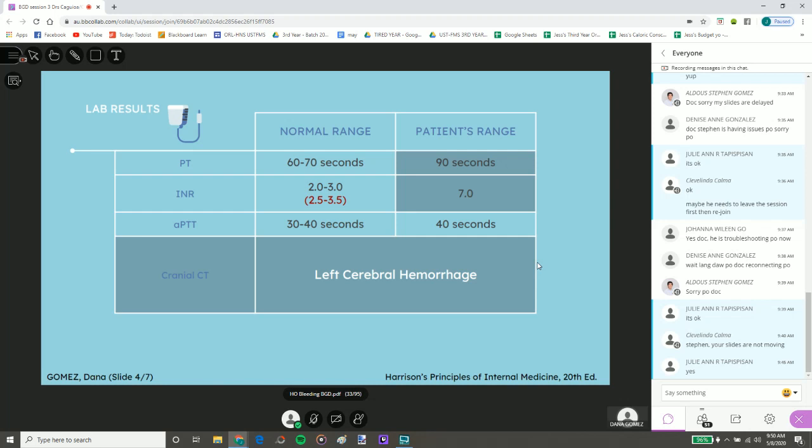Studies stated that heart pathologies, including atrial fibrillation and mechanical heart valves, increase risk of cardioembolic stroke when INR falls less than 1.7, but increase intracranial bleeding with INR values of more than 4.5, which is apparent in our patient with an INR value of 7. And lastly, results of cranial CT scan showed left cerebral hemorrhage.